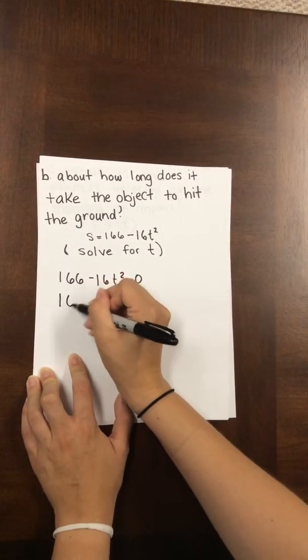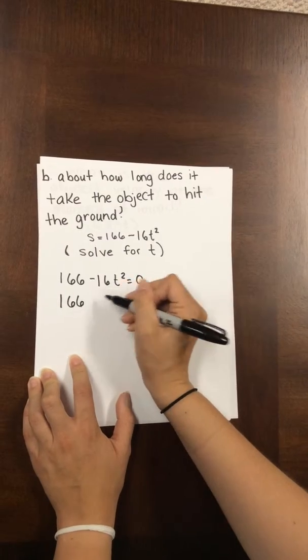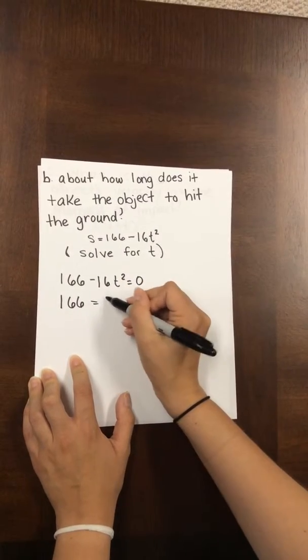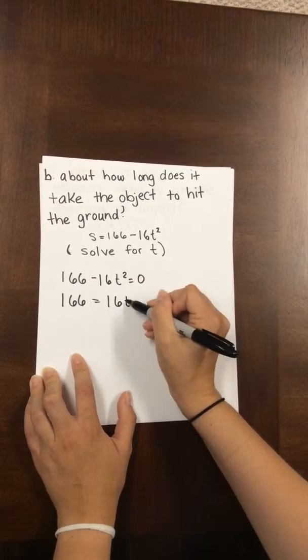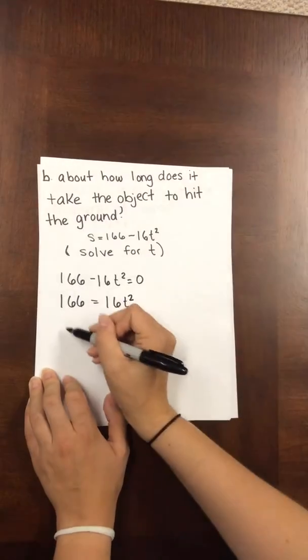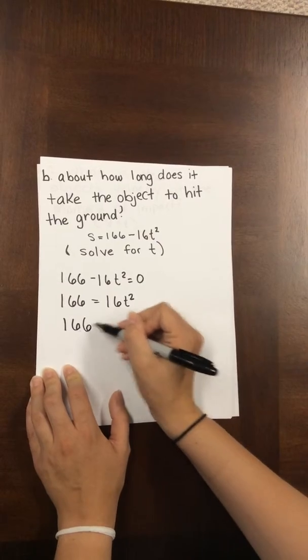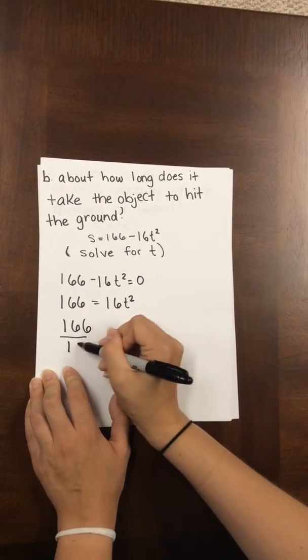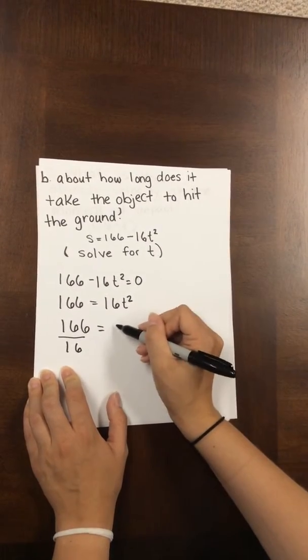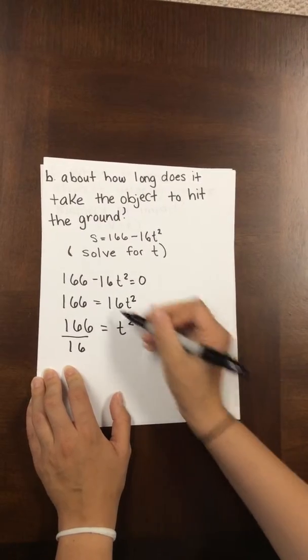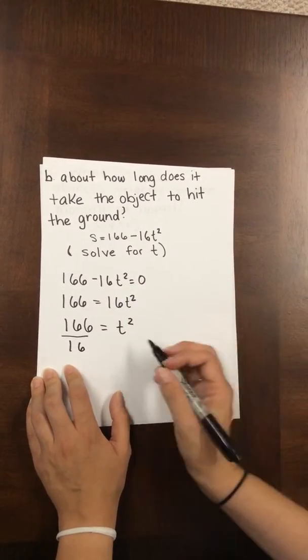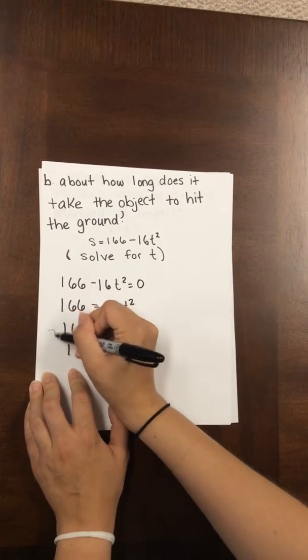Then we get 166 equal to 16t squared, which then, when we go to the next step, 166 all over 16 is equal to t squared, since I divided by 16 there. And then to get rid of this, we're just going to take the square root.